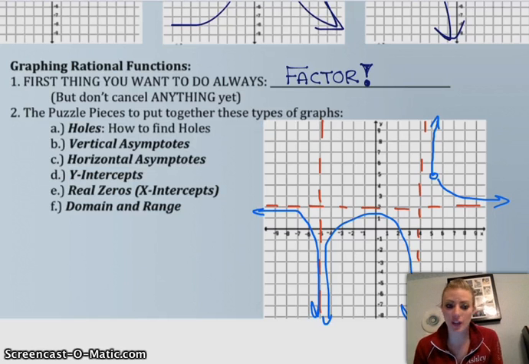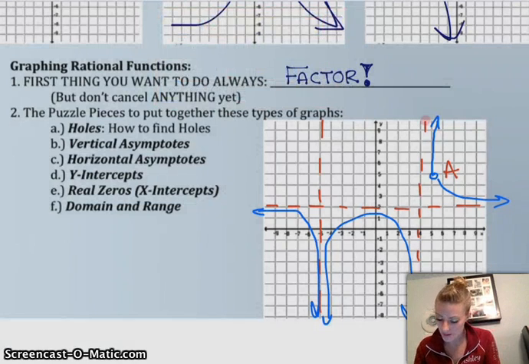So number 1, you're going to have to be able to find holes in the graph. So that would be A, and that's like the little hole that I graphed over here. Vertical asymptotes, so obviously you know what an asymptote is, but vertical would be like this asymptote and that asymptote.